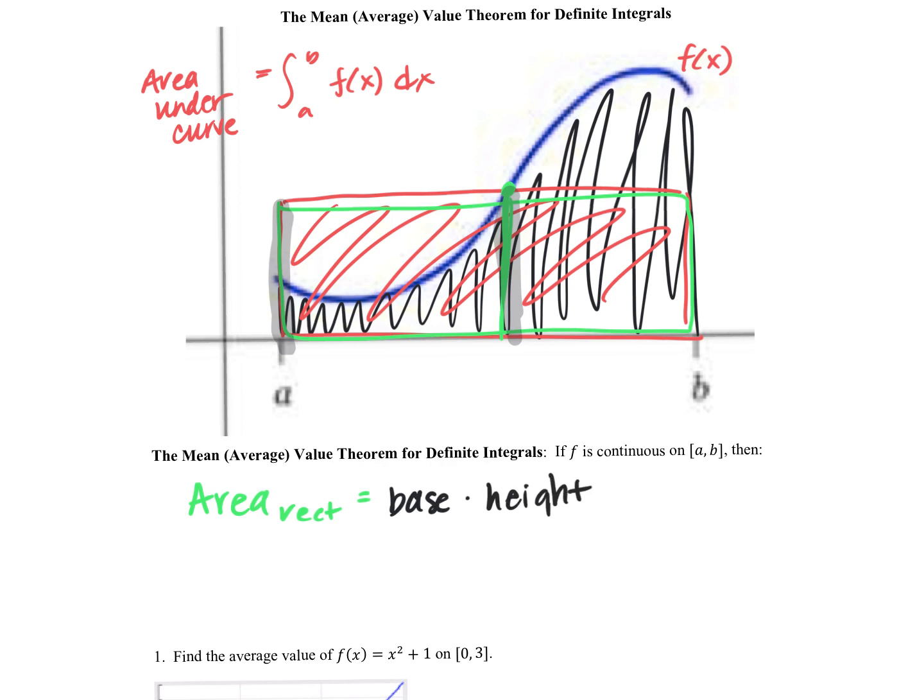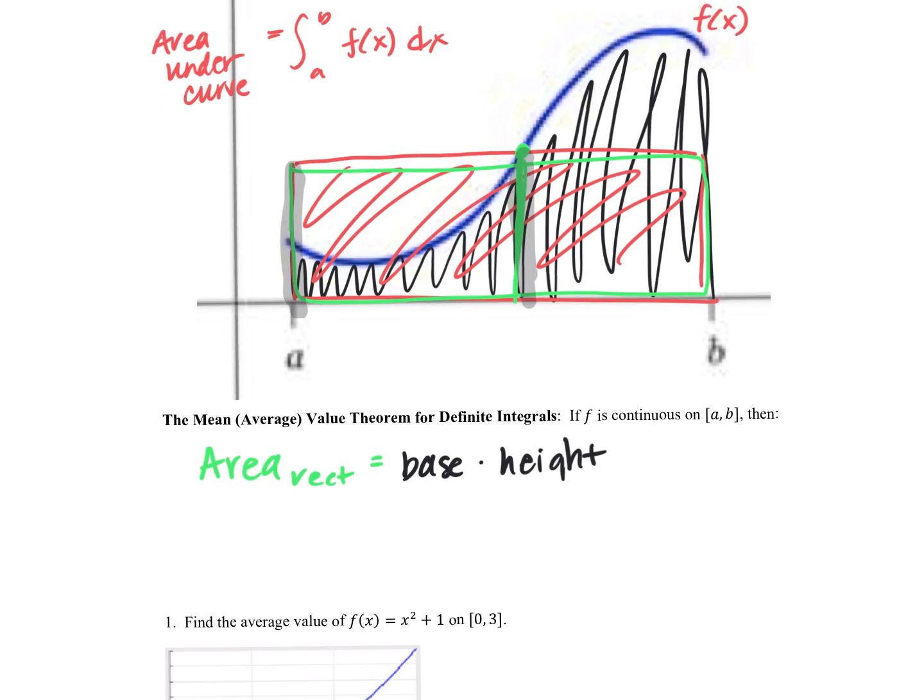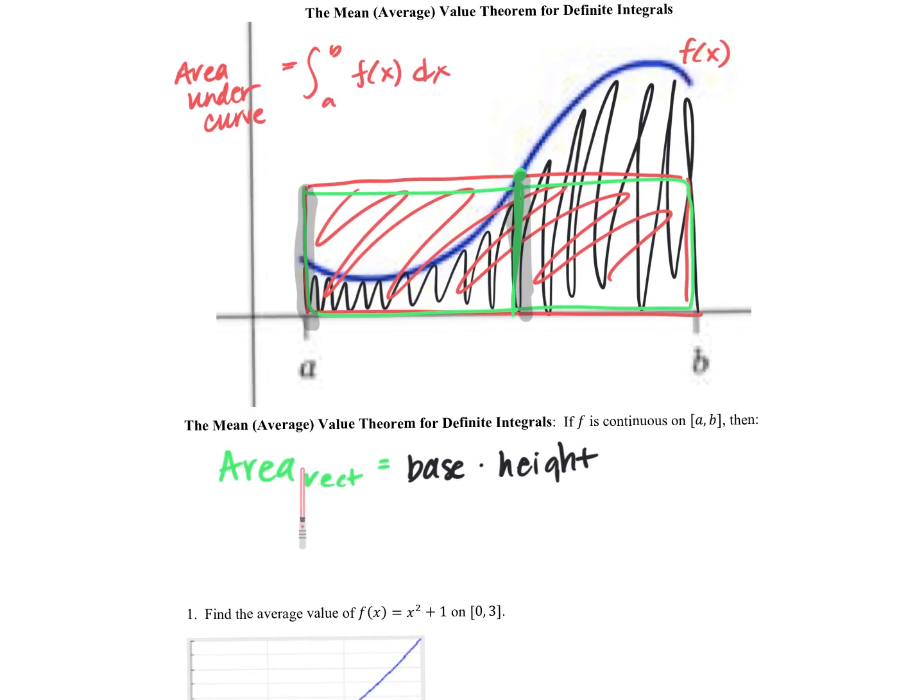Do you agree the area of the rectangle is still the area of what we had before, which was the integral from A to B of my function? You guys are okay with me substituting in that the area of the rectangle is the integral under the curve? Yes. Okay, thank you, Graham.